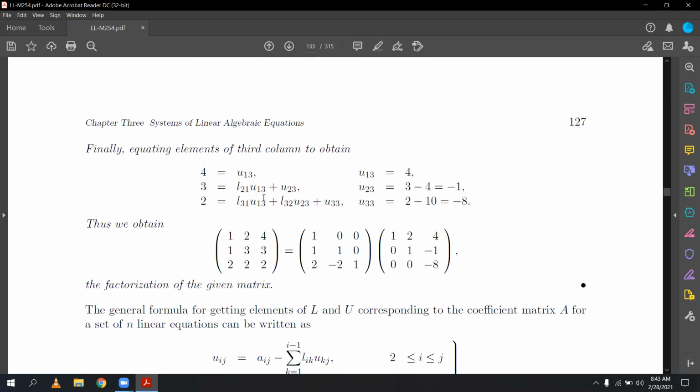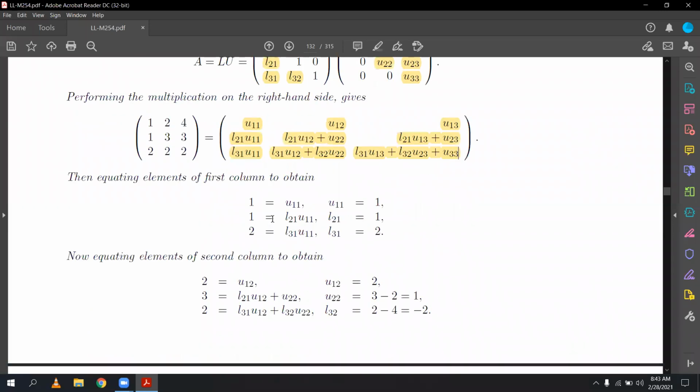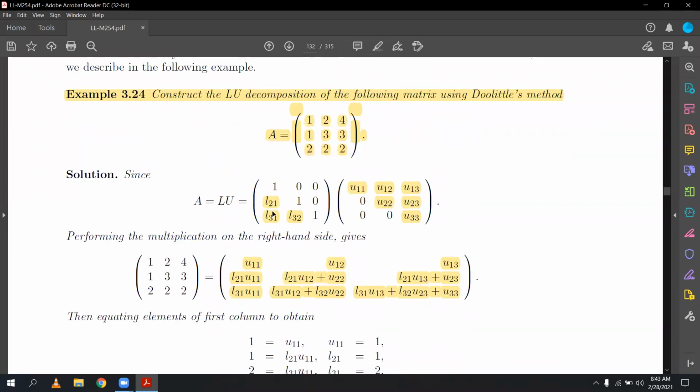Then you have to find 9 elements, which is difficult. It is not a very easy way. You got my point here? So my advice is, do not use direct multiplication to find the elements of L and U.